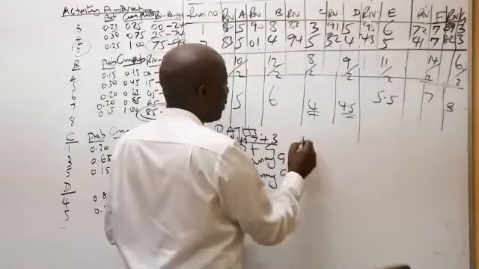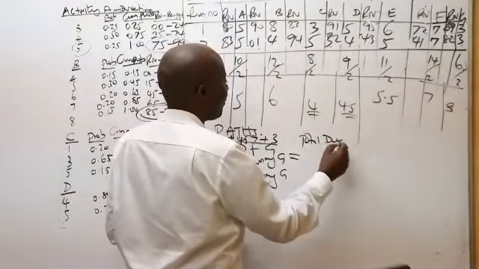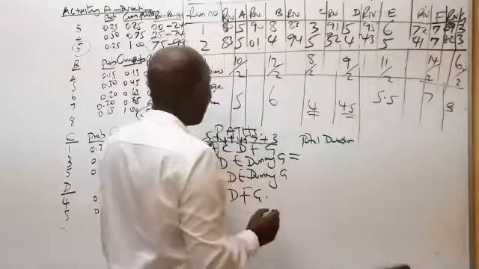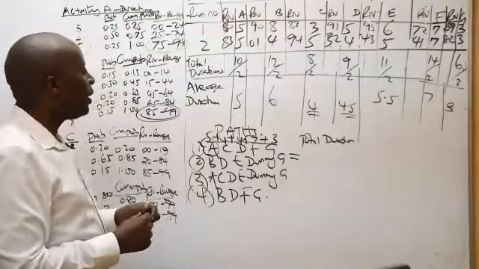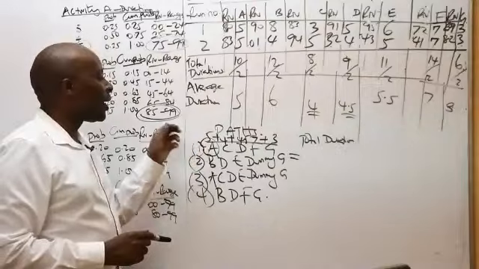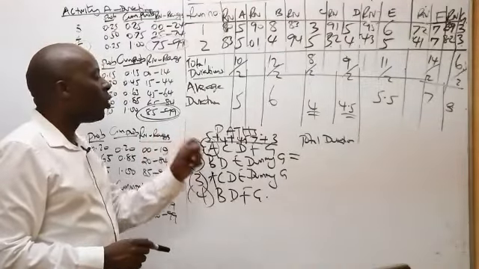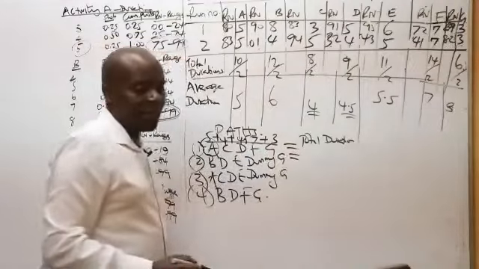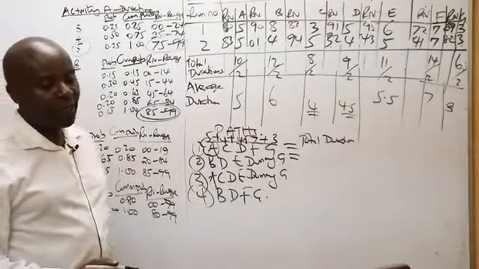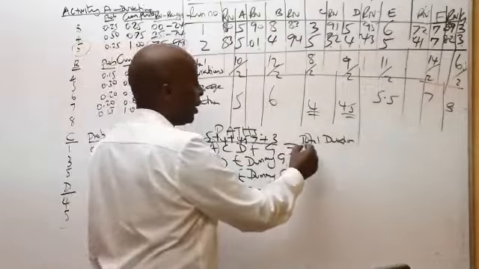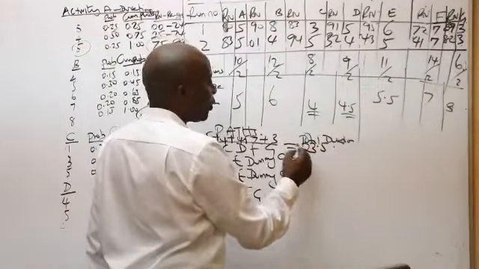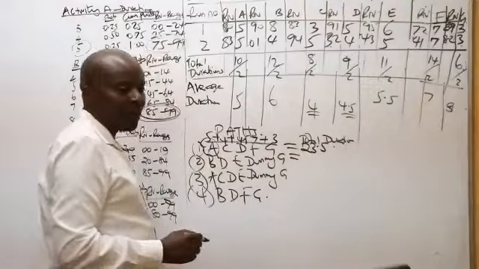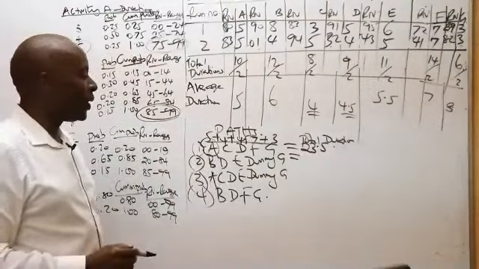So could you kindly give me the total durations? If I follow this path A, C, D, F, G, given the simulated durations, how long will that journey take me? It will take me 23.5 days.